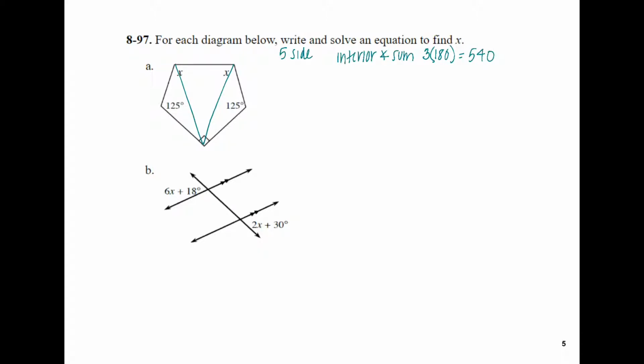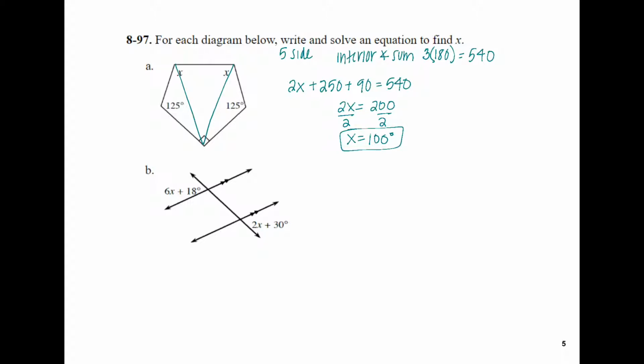I can then set all of those angles, 2x plus 250 plus 90 equal to 540, which, using my inverse operations and subtracting my 250 and my 90, gives me 200 on my right. Divide by 2, and I get x is equal to 100 degrees.